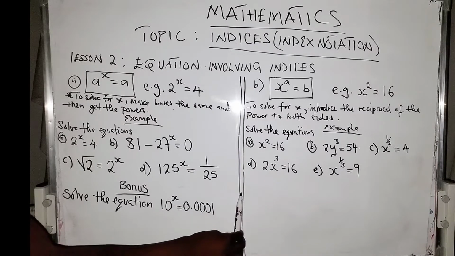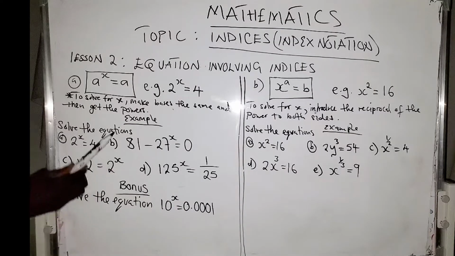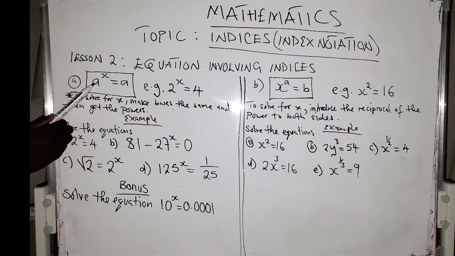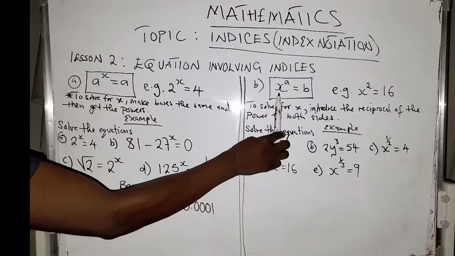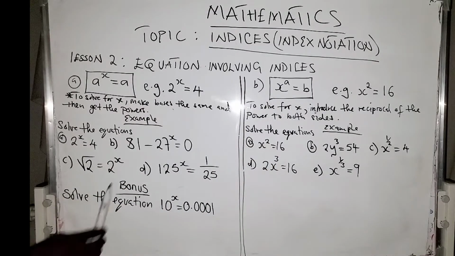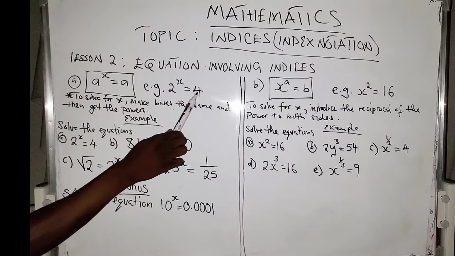Now, we have two types of equations that involve indices. We have this kind, where A is a whole number, okay? Then we have this kind. For example, we can have a question like 2 to the power x is equal to 4.